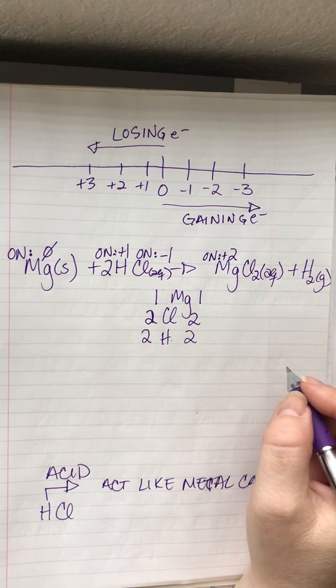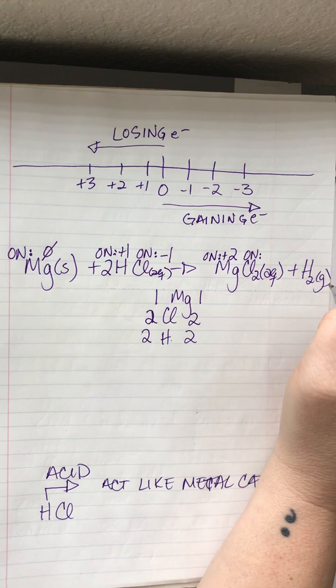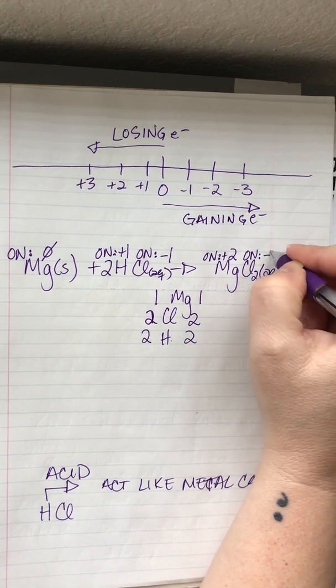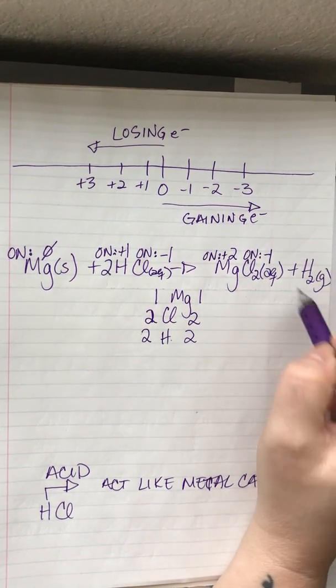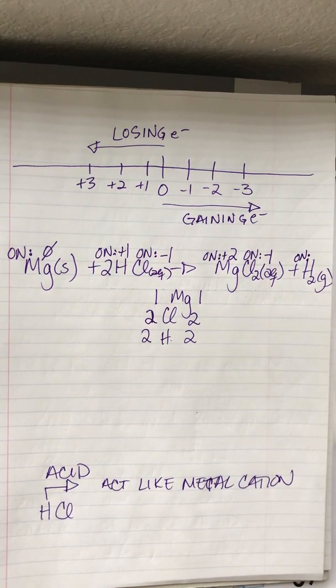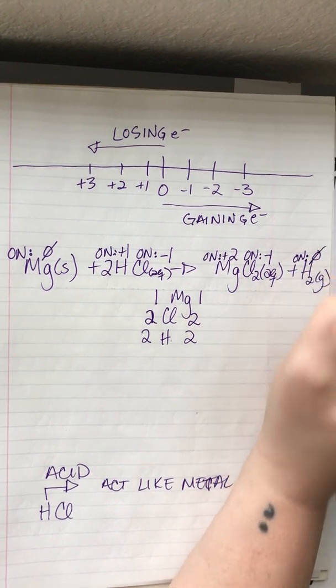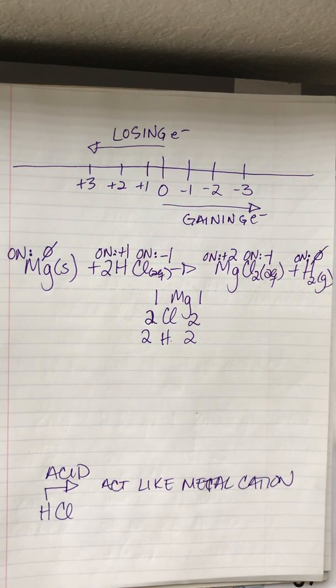And chloride? Is -1. And what's the oxidation number for hydrogen gas? 0. It's 0, that's right, because this is the elemental form of hydrogen. Awesome.